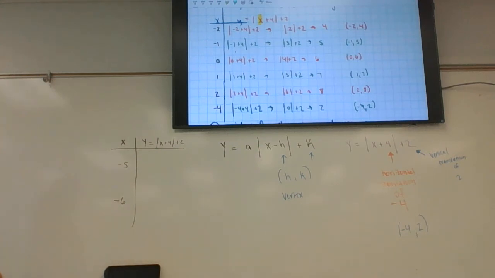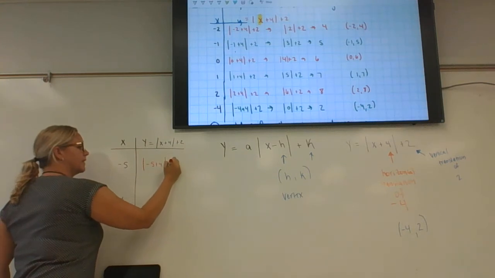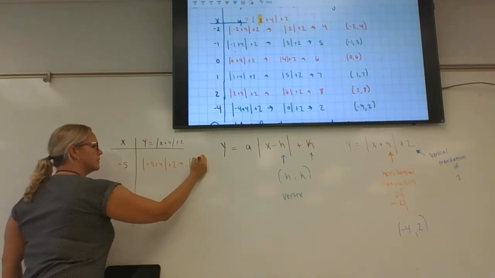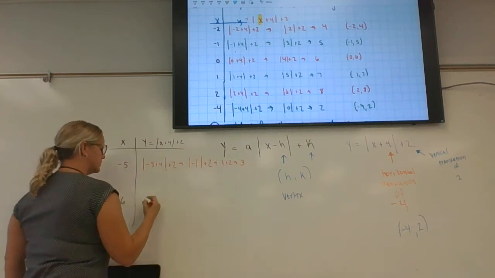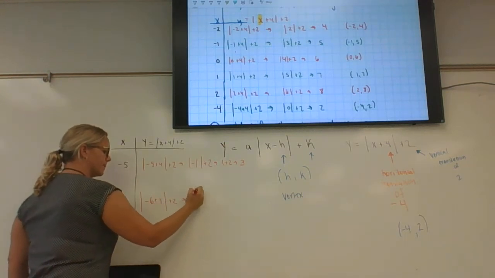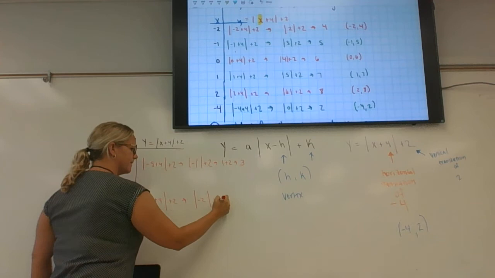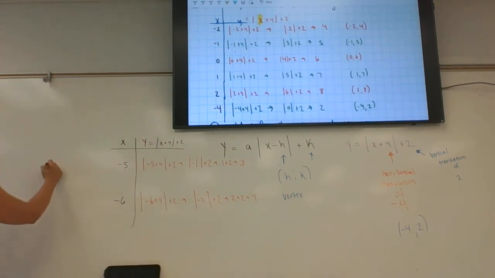Plug them in, draw them. So my points are -5, 3 and -6, 4.